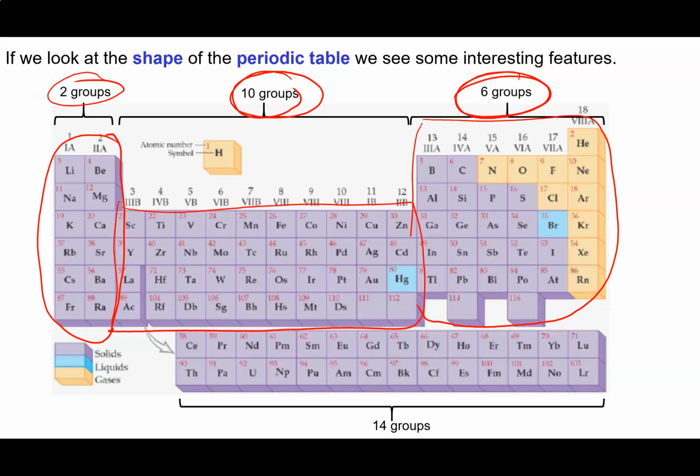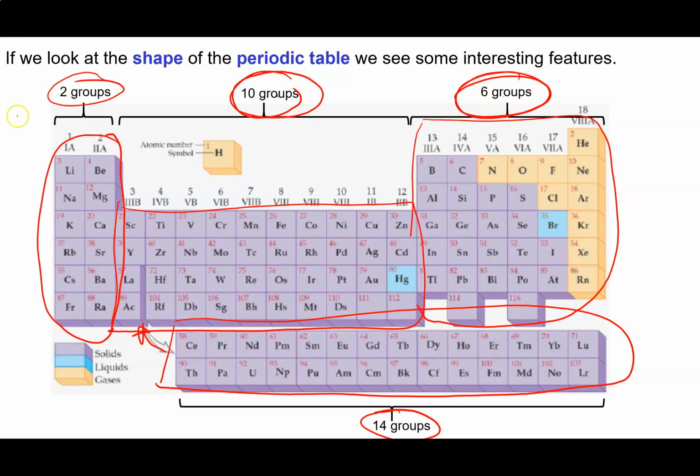6 groups. Interesting. And then underneath the periodic table, in these 2 rows, are these inner transition elements. What do we see? 14 columns here, 14. So where have we seen these numbers before? 2, 6, 10, 14.